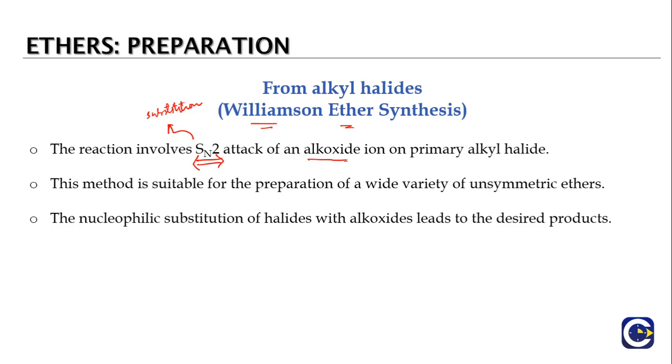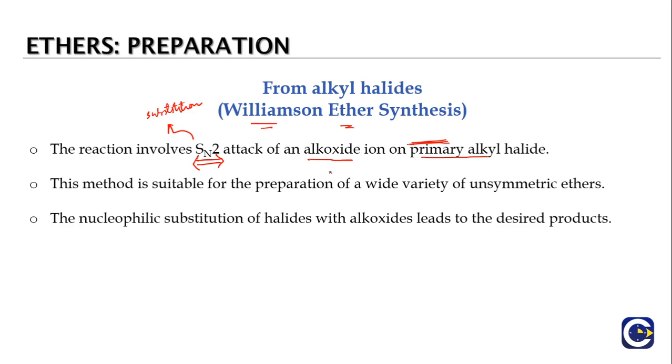There is the attack of an alkoxide ion on the primary alkyl halides. Why only primary? Because primary alkyl halides are the ones that react by the SN2 mechanism, an efficient SN2 reaction. Secondary alkyl halides show very poor SN2 mechanism, and tertiary alkyl halides do not show the SN2 mechanism at all.